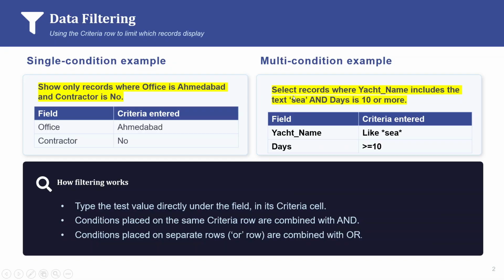So you are selecting records where yacht name includes the text C and this is 10 or more, right? So here what it means is that when you see the word includes, it means you are using asterisks at the beginning and the end of that particular word. So in this case, it says includes C. So C is going to have asterisks at the beginning and asterisks at the end.